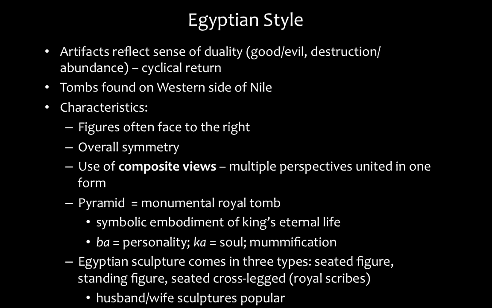The monumental royal tomb is known as the pyramid. It is the symbolic embodiment of the king's eternal life. And we'll talk about mummification. So if you've ever seen anything about ancient Egypt, you know that they have mummies. And the mummies are the result of this process of trying to preserve one's ba and ka. So the ba is one's personality, and the ka is their soul.